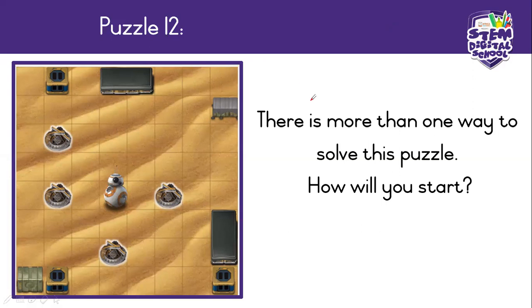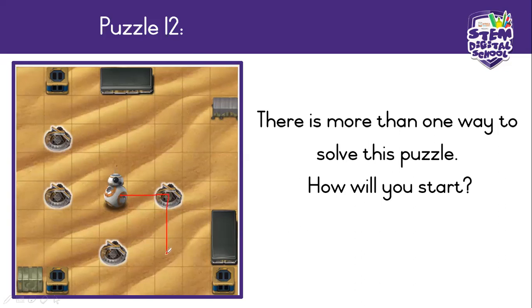Anyway, how will you solve this puzzle? What will you do? I will go east. Okay, so you will go east first. How many times? Twice. There we go. From here, where will you go? South. How many times? Very good.